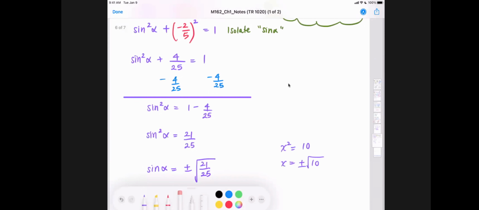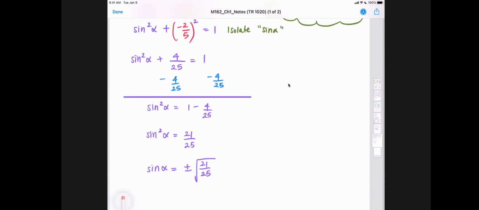That's because we're on an XY plane. All right, but there's only one answer here. Is it going to be the positive answer or the negative answer? That depends on what I mentioned before. It depends on which quadrant you land in.